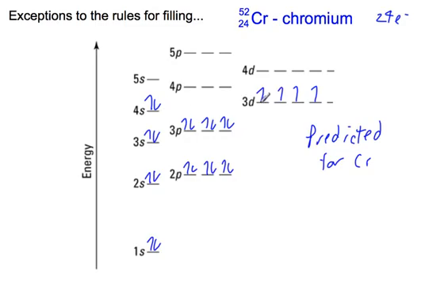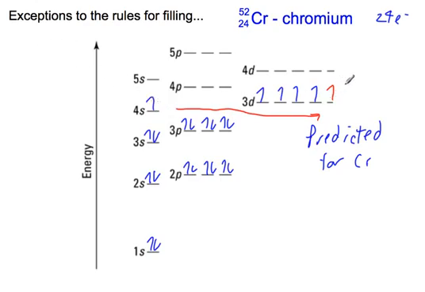4s fills before we add to 3D, but this is an exception, and so what happens in this exception is one of these electrons actually gets promoted to there. And so instead of having 2 electrons in the 4s, I only have 1.